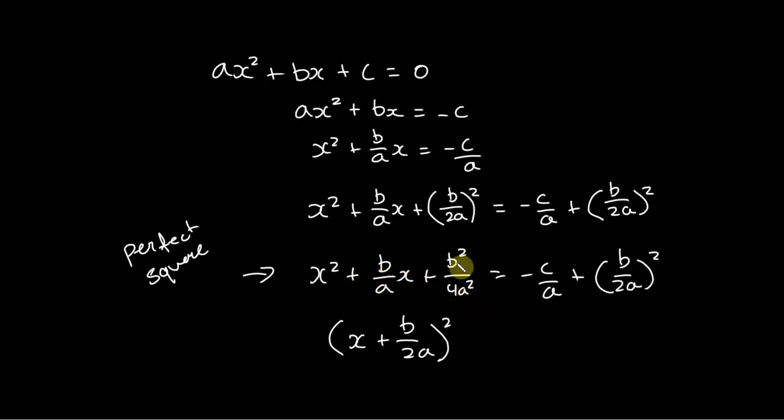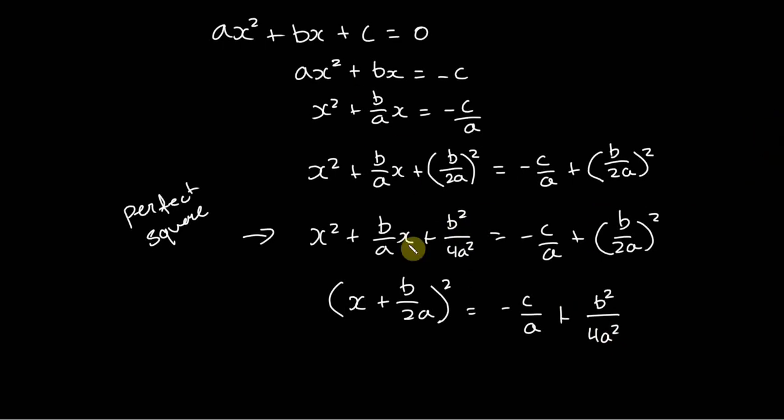Okay, so now we have here, this is going to be set to equal c minus c over a, and we still have this b over 2a squared, and I'm just going to go ahead again and distribute that, so it's just going to be b squared over 4a squared, just as it was up here. So that's really cool.